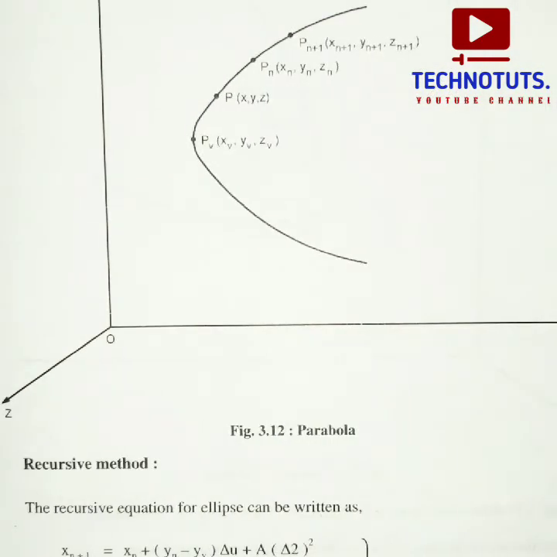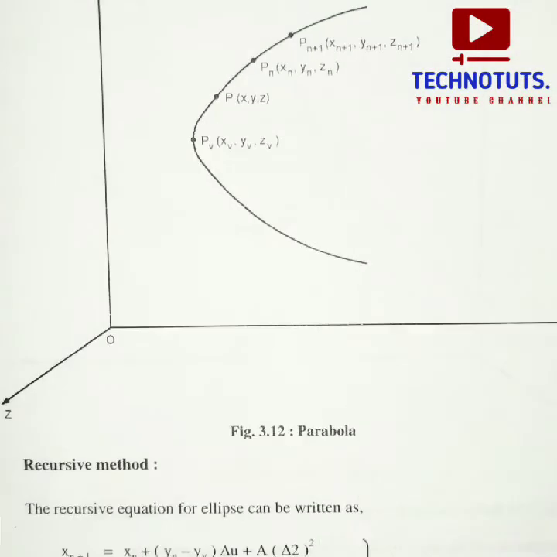See the curve in the figure 3.12 shows a parabola which has 4 points on it. The vertex point, that is PV, has coordinates xv, yv, zv at the vertex. A point P is situated at the coordinates x, y, z.